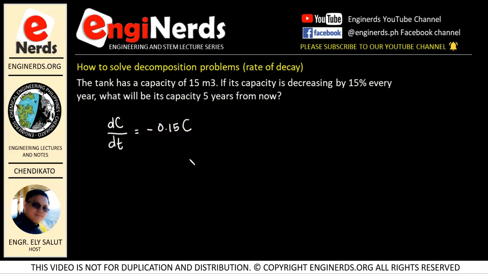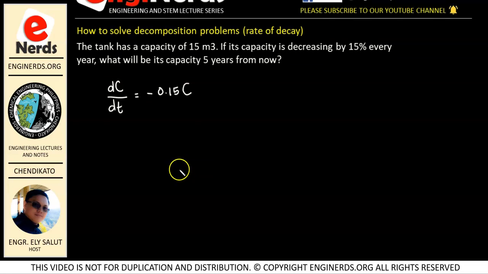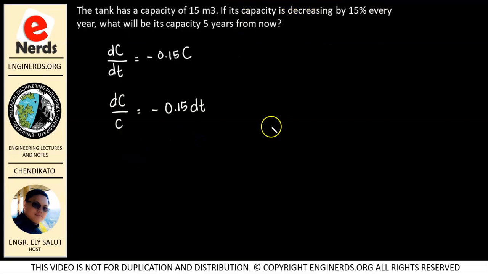Alright, so we're going to arrange our differential equation here. So we will have dC over C is equal to negative 0.15 dt. And now we're going to integrate both sides. So we'll take the integral of dC over C and take the integral of negative 0.15 dt.